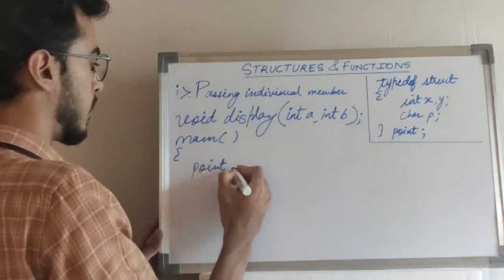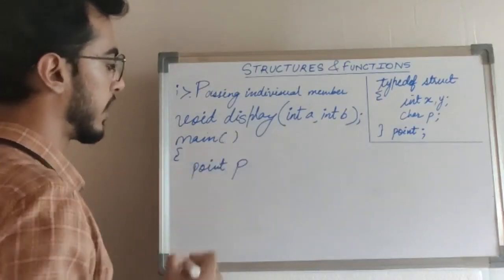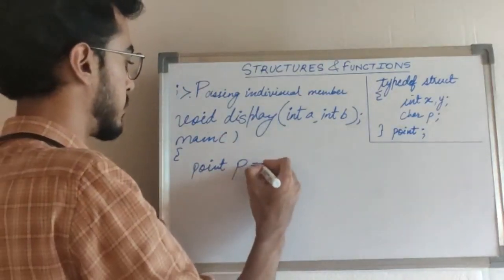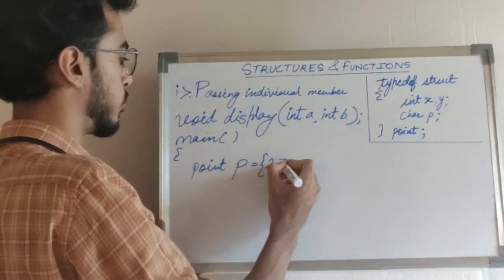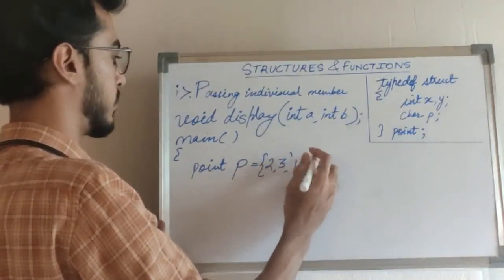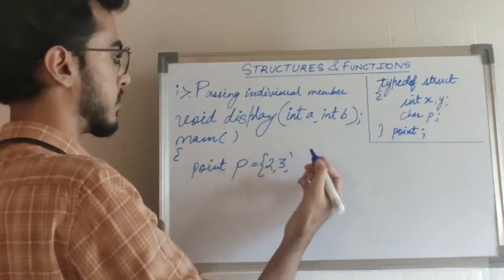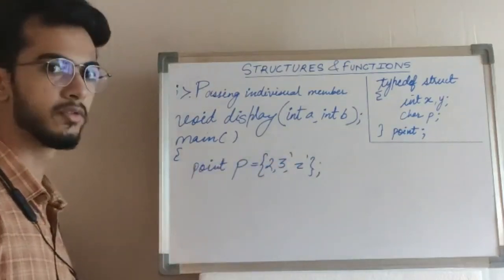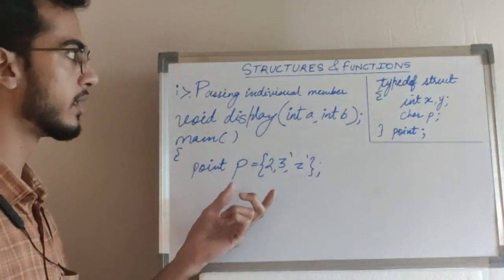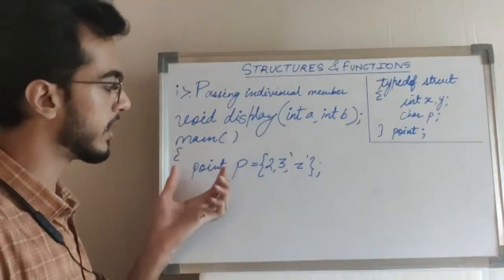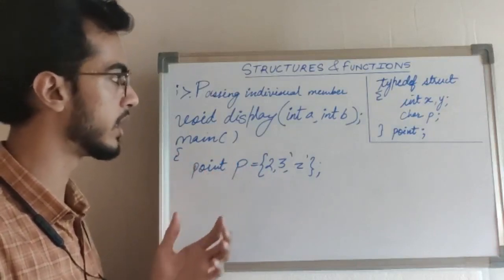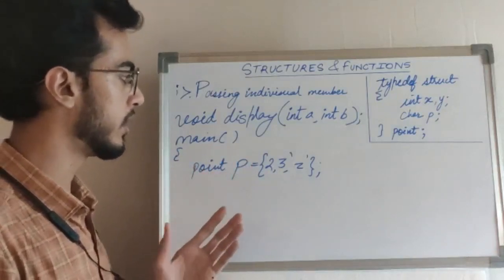Inside the main function, I have one instance of type point, and I have declared it as p. Now p is going to get the values, let's say 2, 3 and some name z. So I have given hard-coded values. If you don't understand this, you can separately write p.x equal to 2, p.y equal to 3, and p.p equal to z.